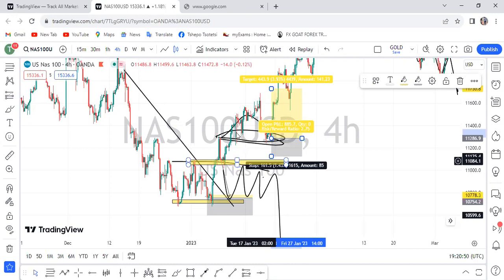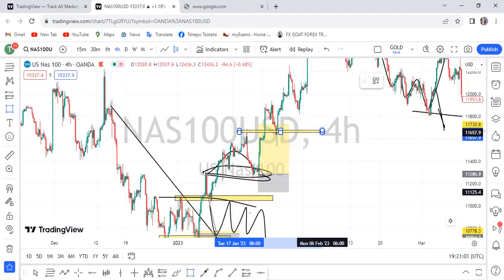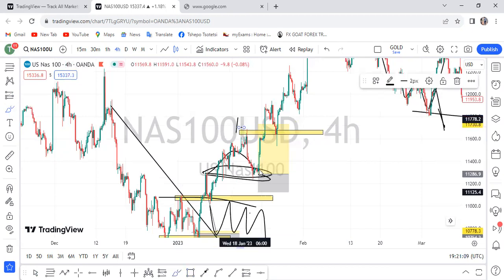So you put your level here because this was the high. Once market breaks this high, comes back and retests, you have another high here. Once market breaks the previous high and comes back to retest it, now you are confirmed that market is still continuing to go up.